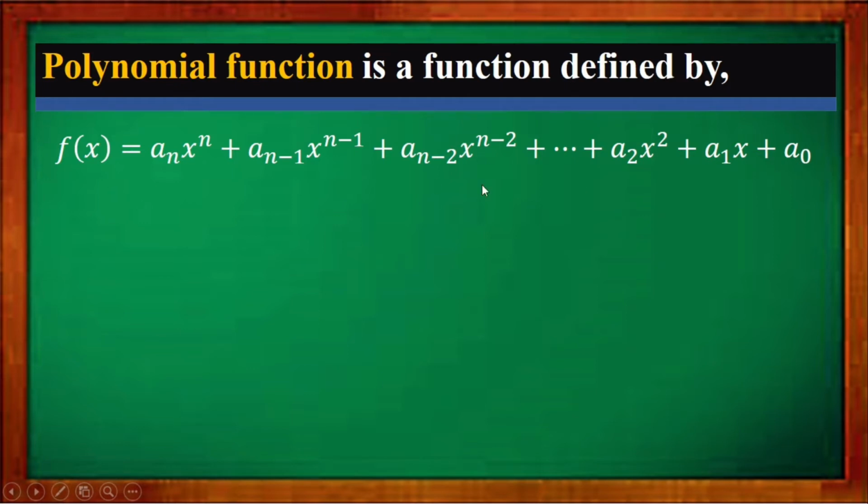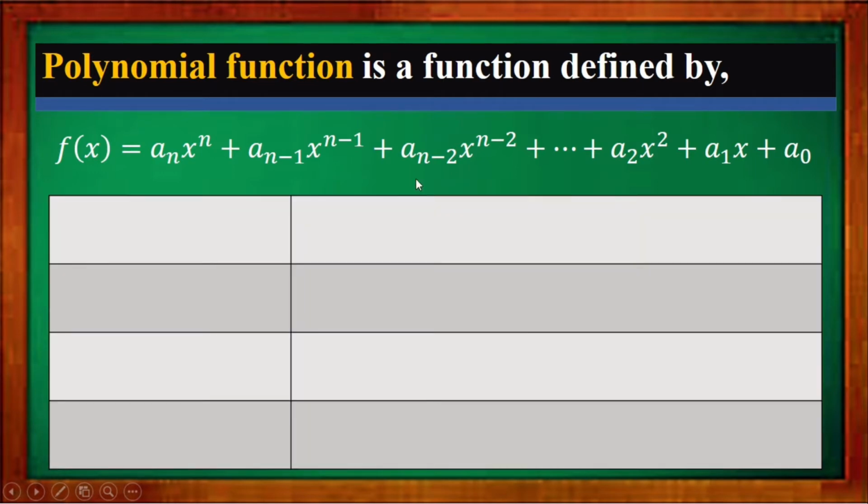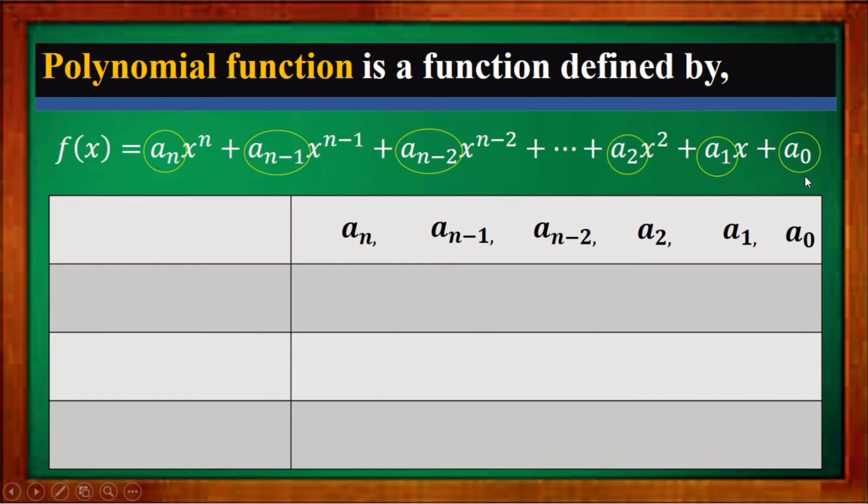So, from this representation, a sub n, a sub n minus 1, a sub n minus 2, a sub 2, a sub 1, and a sub 0 are what we call coefficients.